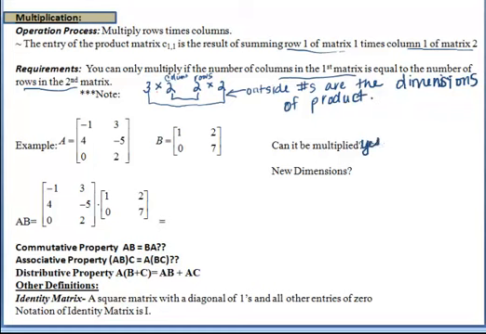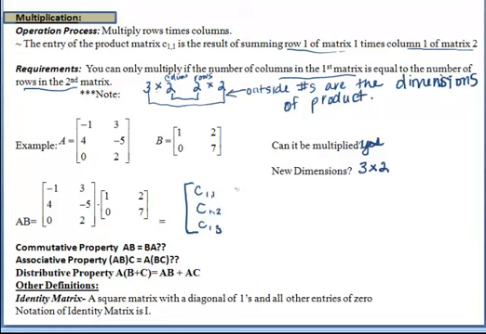Yes. And the new dimensions, therefore, are 3 by 2. So what I am fully expecting is 3 rows, so a C1,1, and then a C1,2, a C1,3, so 3 rows and then 2 columns.